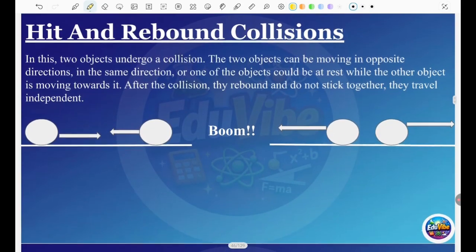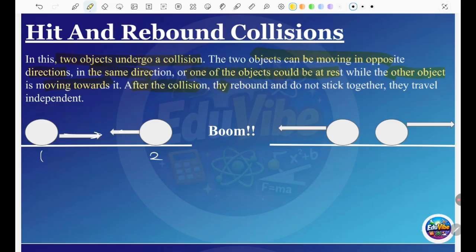So first we have the hit and rebound collisions. In hit and rebound collisions, two objects undergo a collision: number one and number two. They can come towards each other from opposite directions, move in the same direction, or one of them can be at rest while the other object moves towards it. There are some conditions we deal with in questions.